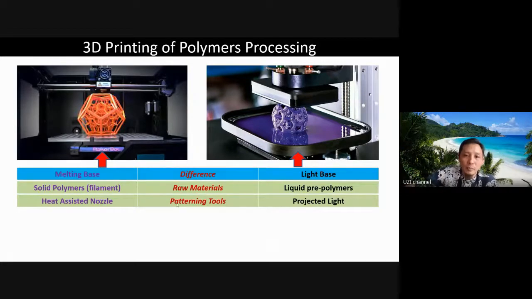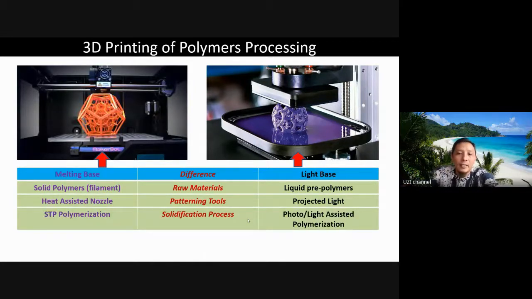And for the patterning tools, this one uses a heat-assisted nozzle, so the nozzle should be heated up. The polymer feeder is here, the polymer is melted and patterned by computer control. But here we use projected light.